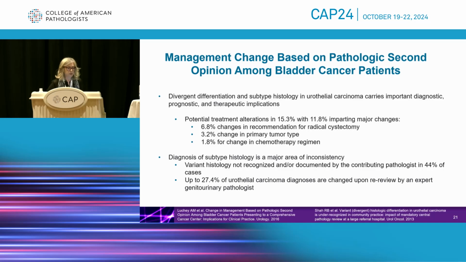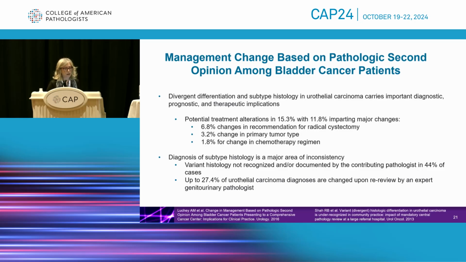So this is the reason why I wanted to present this case today. First of all, because I thought it was diagnostically challenging, and second of all, because it raises the issue of diagnosing urothelial carcinoma with divergent differentiation. And so there are a couple of papers that showed how diagnosing divergent differentiation made a difference.